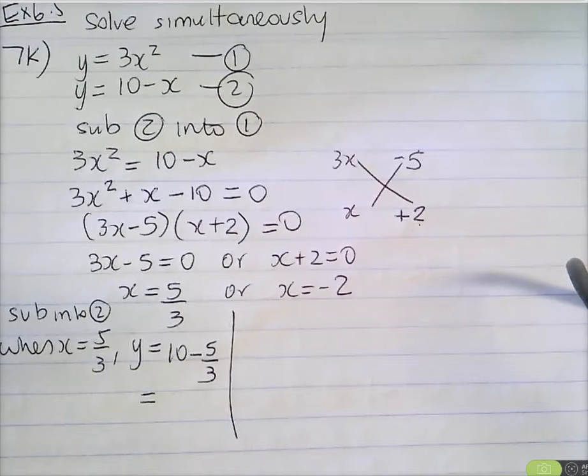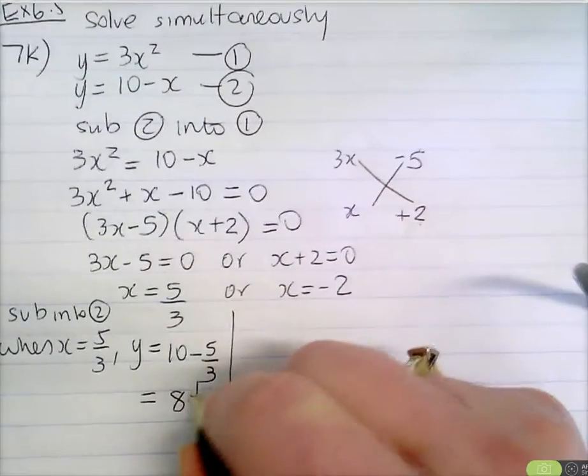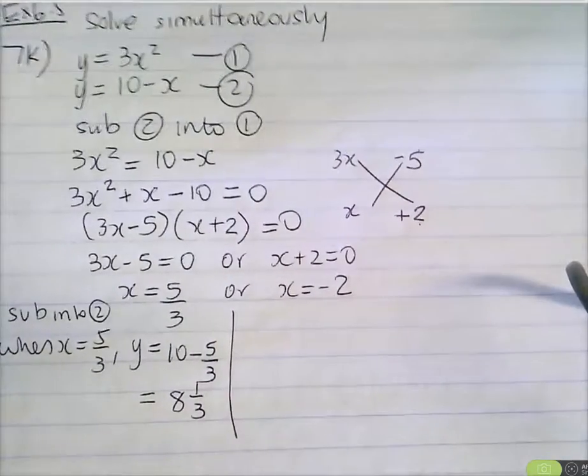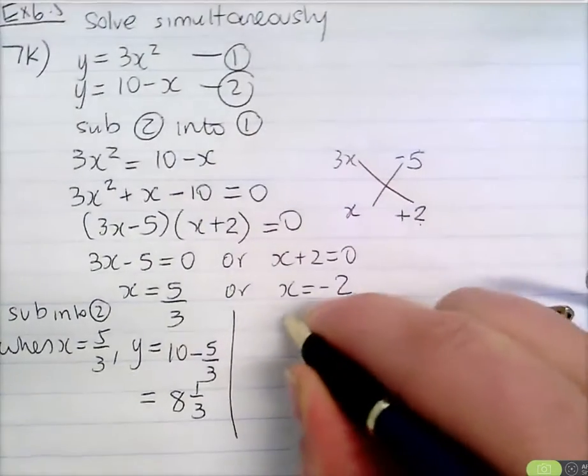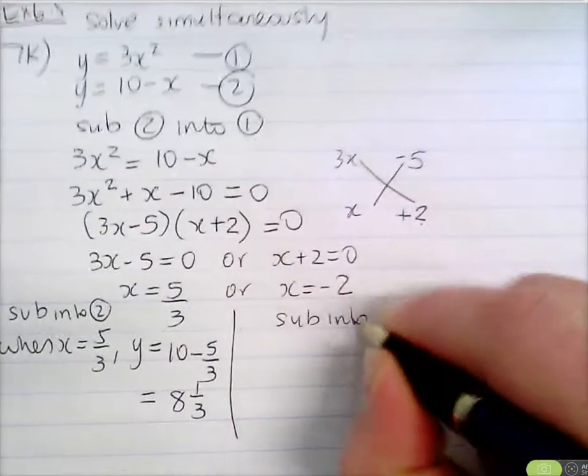Think of 8 and 1/3. Think you've got 10 pizzas and you've eaten one of them and another 2/3, you'll have 8 and 1/3 pizzas left.